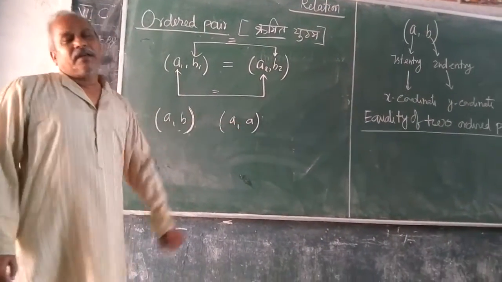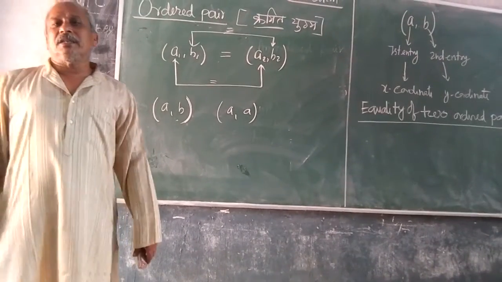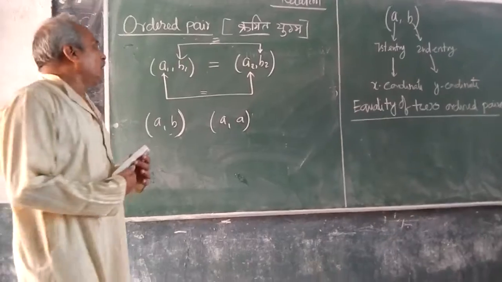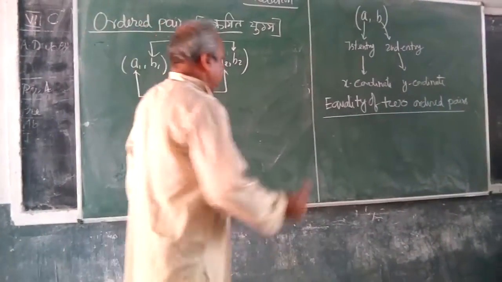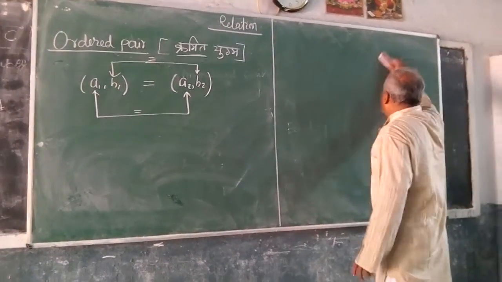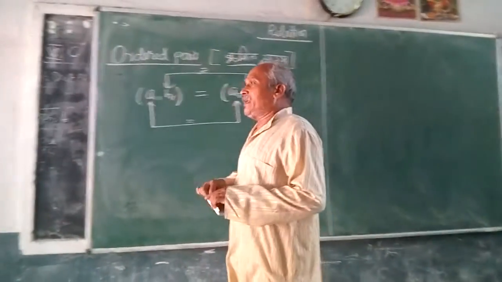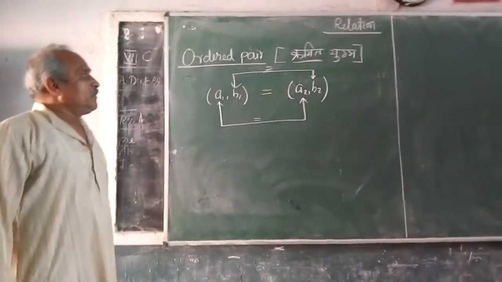But in an ordered pair, this is allowed. Therefore, an ordered pair, though it is a collection of objects, is not a set. Okay. Now, two ordered pairs will be equal if the first entries of the respective ordered pairs are equal and the second entries are equal.